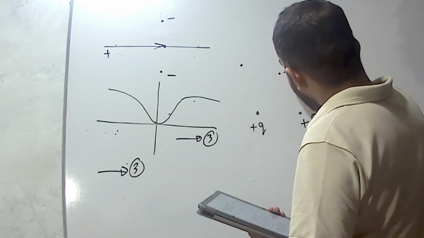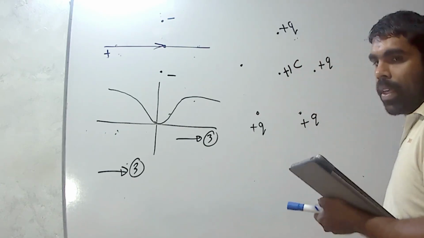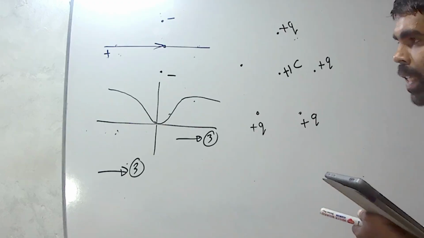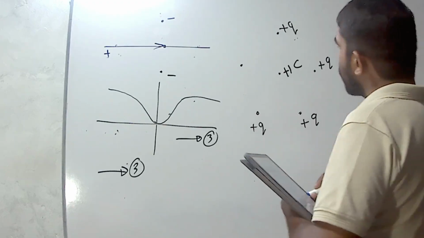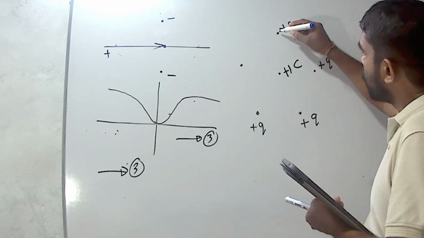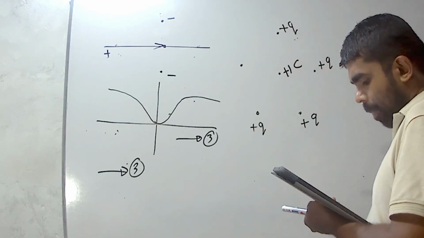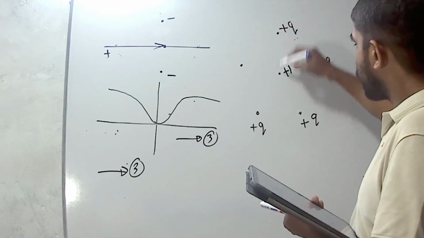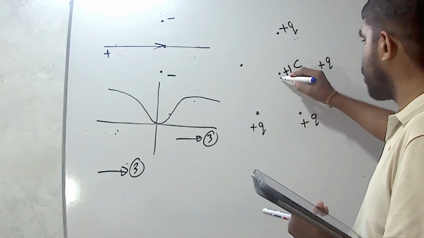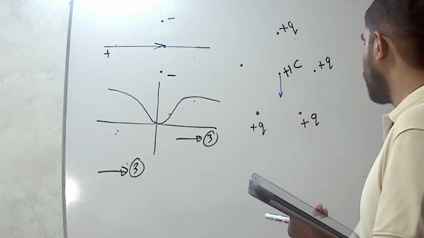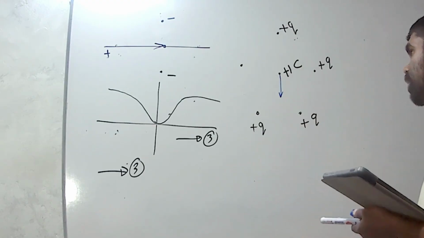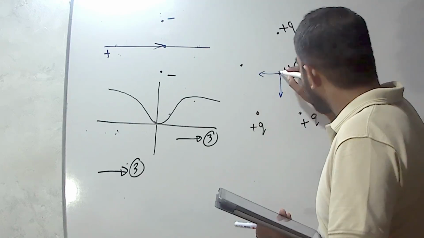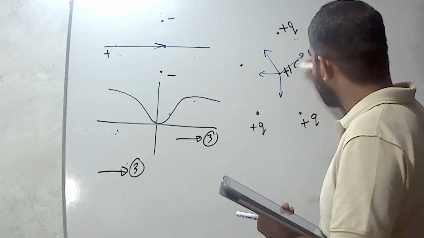When placing plus 1 Coulomb, we know that force on plus 1 Coulomb is the electric field intensity at corresponding phase. Now, there is a repulsion due to this charge, and there is a repulsion due to this charge and this charge.